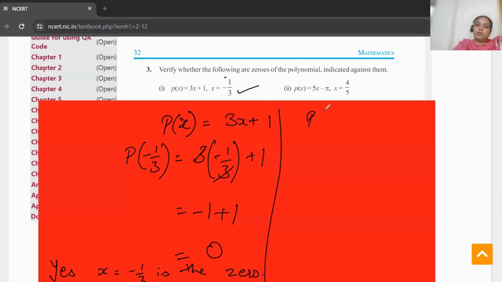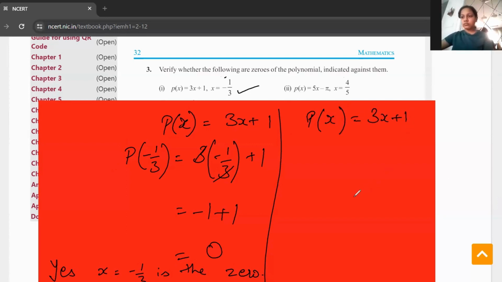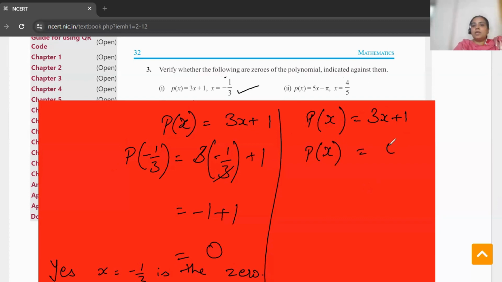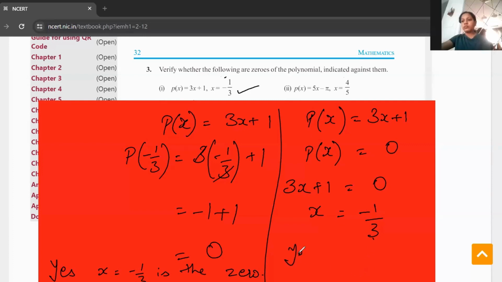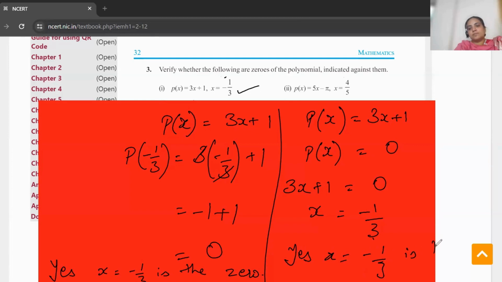Another thing we can do from here is put the complete thing equal to 0. That means 3x plus 1 equals 0, and x will be negative 1 by 3. So yes, understood or not?